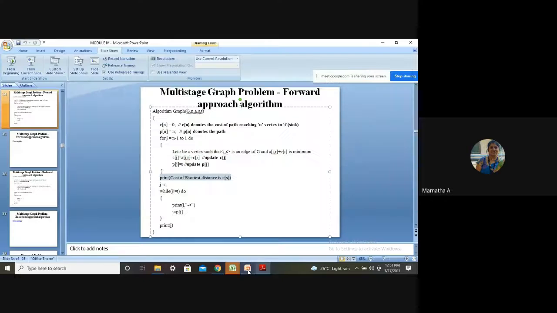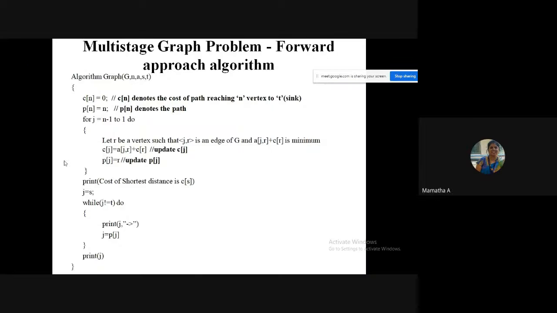So just moving on to the algorithm for printing the shortest path. You can just say I took one variable j equals s. What is this j? Some variable. It is holding what? The source vertex. So I'll have to print something till j is not equal to t.